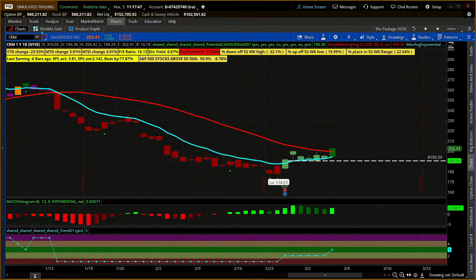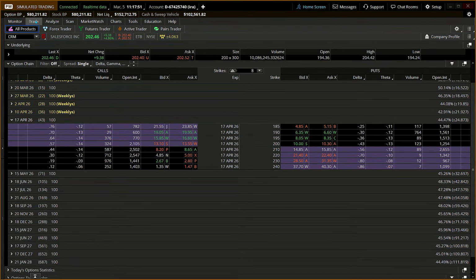So if I go to the trade tab, we're going to consider an option trade on this. We're not going to the March expiration, which has 15 days left, see the parentheses there. The April expiration has 43 days left. We're going to go a little farther out in time.